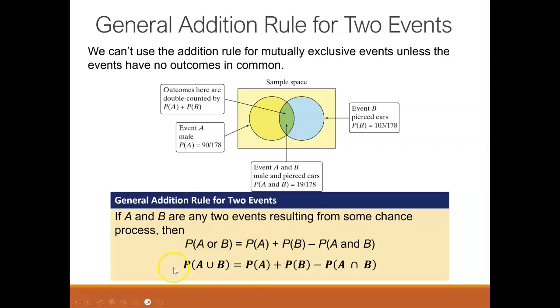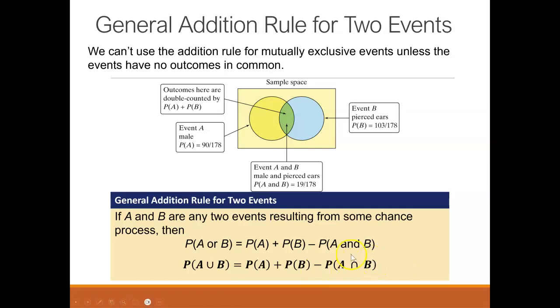Again, for non-mutually exclusive events, we've mentioned this a couple of times. In general, the probability of A or B is the probability of A plus the probability of B minus the intersection of the two. What if they're mutually exclusive? Well, this probability would just be 0, and you'd end up with the mutually exclusive formula we discussed last time.